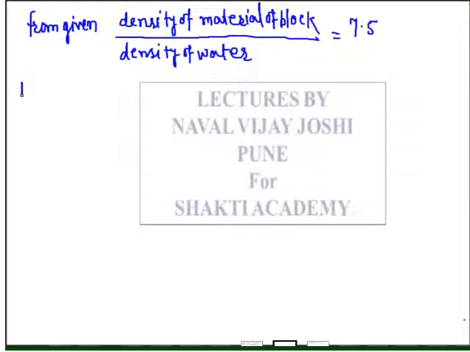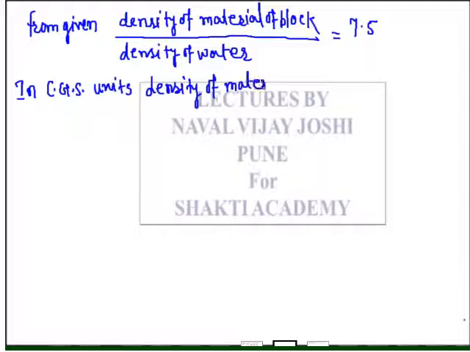Okay, so density of material of block upon density of water is equal to 7.5. Therefore, in CGS units, I can write density of material of block is equal to directly 7.5 gram per cm cube.